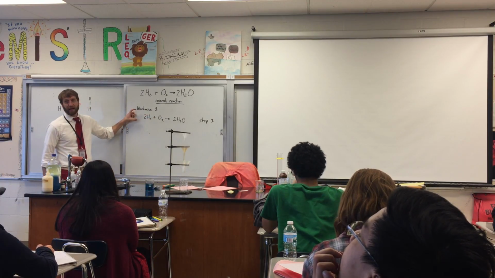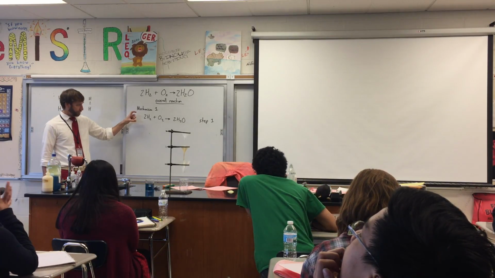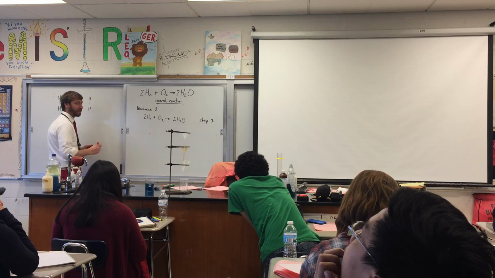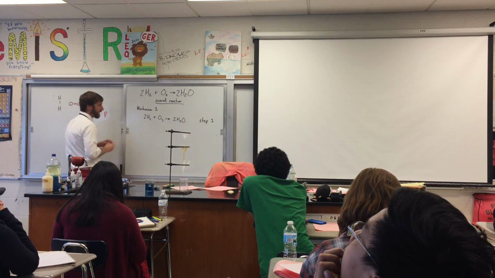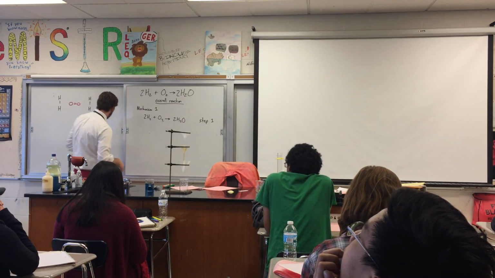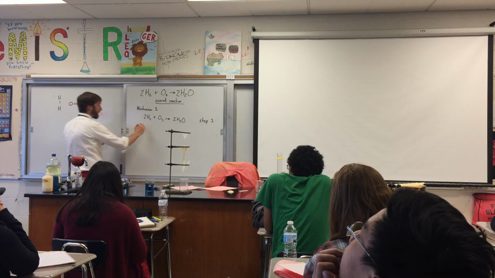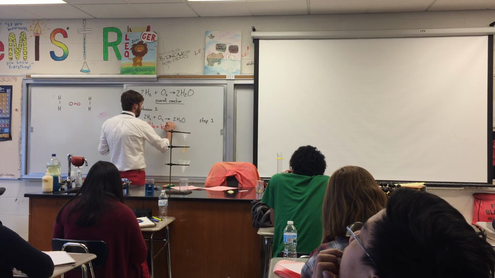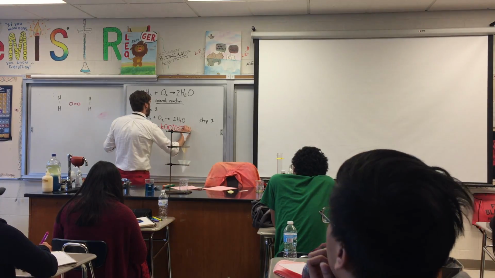So if this is my entire mechanism, a one-step process with just one collision of three particles, then I can write a rate law just based on the coefficients in this equation. So for this mechanism, the rate law is k times the concentration of H2 squared times the concentration of O2 to the first.